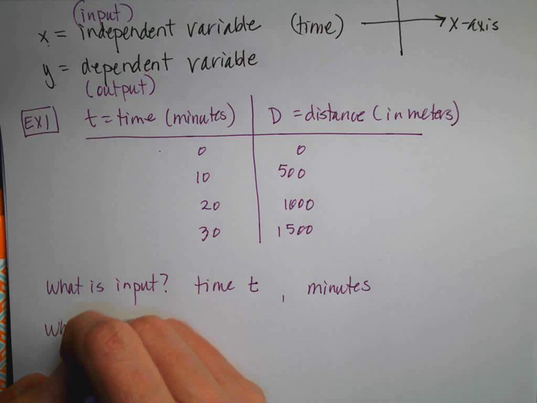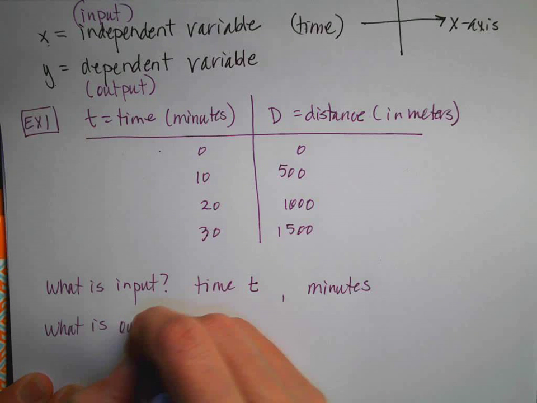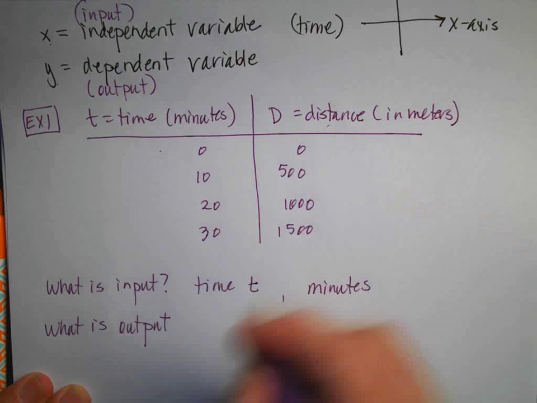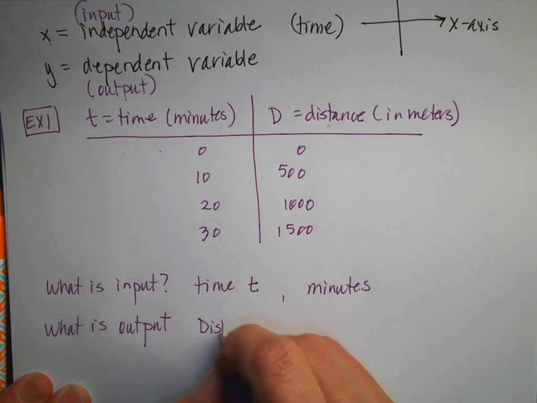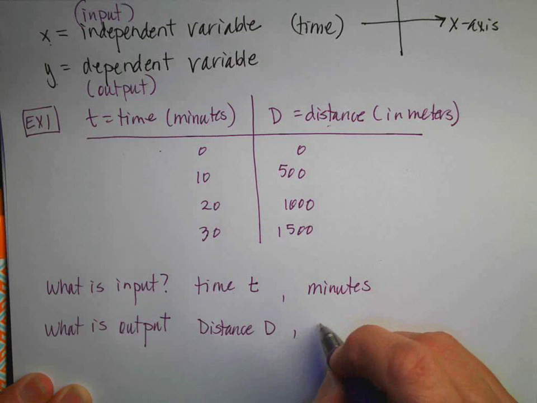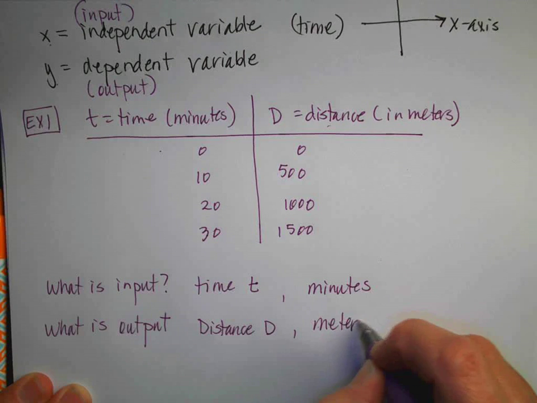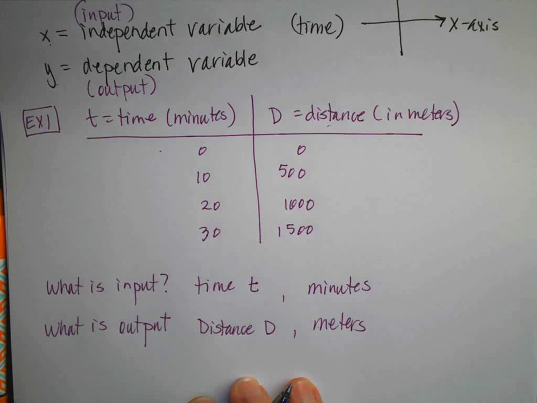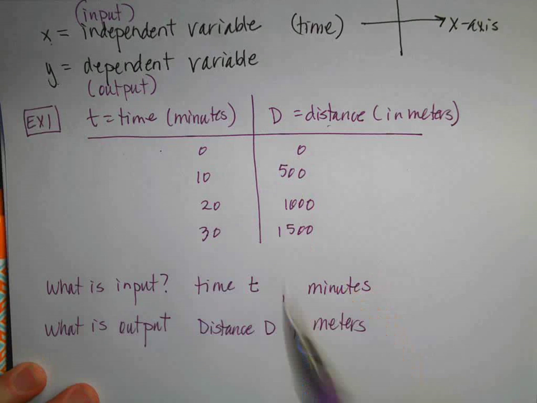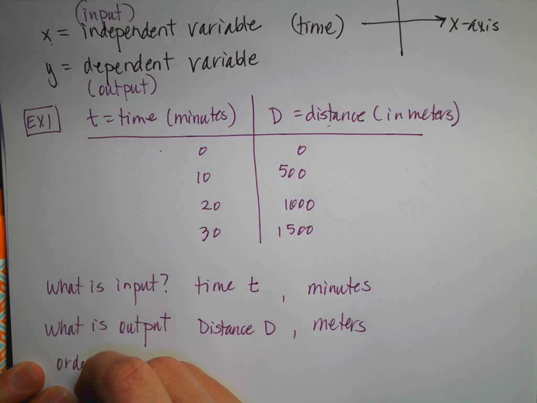The next question is going to be, what is the output? Okay. In this particular case, my output is going to be distance. The variable is d, and then its units are going to be meters. Okay. So the next question would be, or one of the next tasks that you're asked to do is to convert these to ordered pairs.